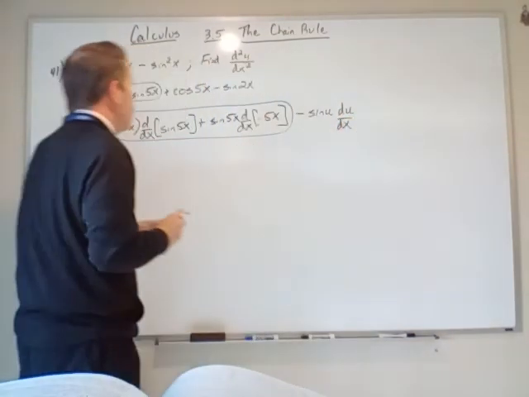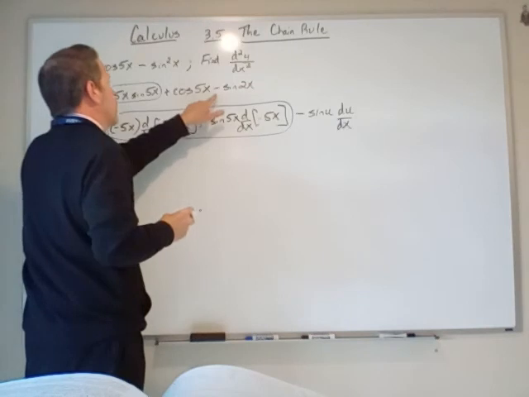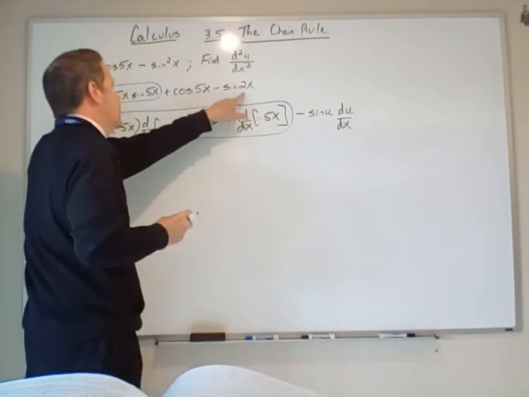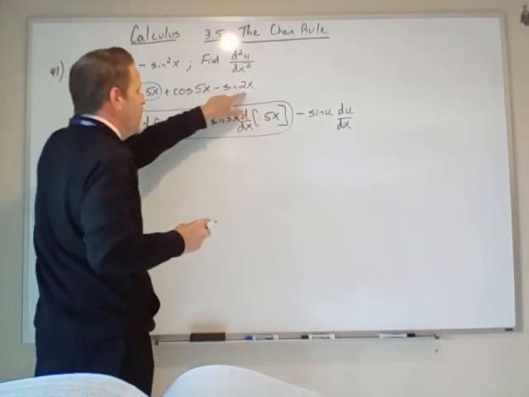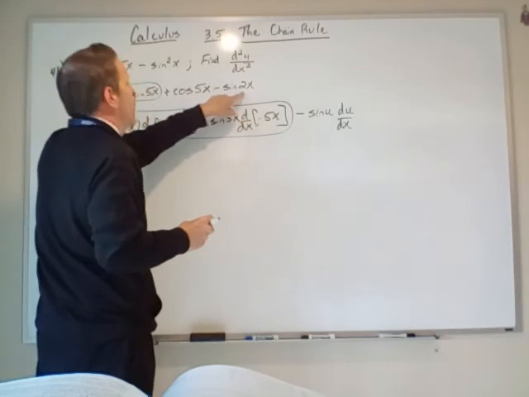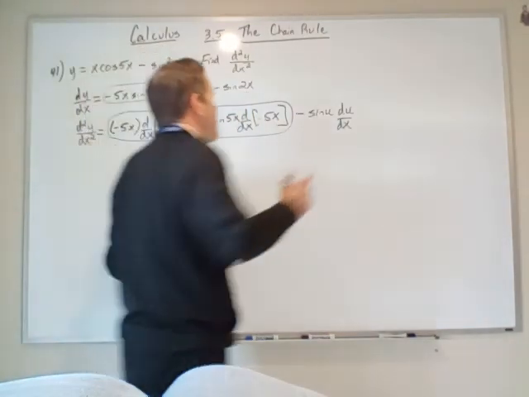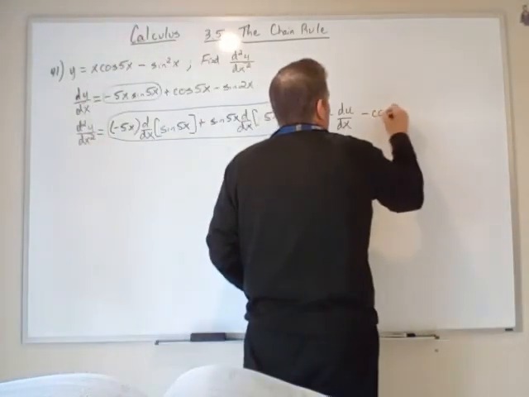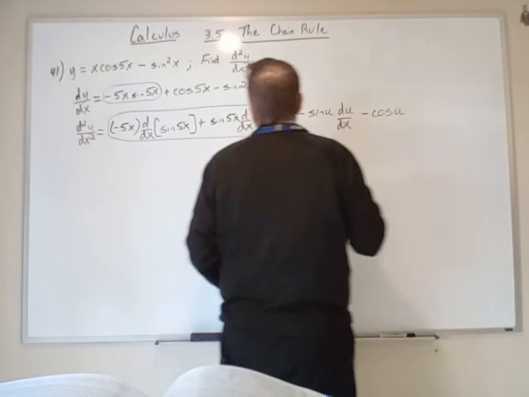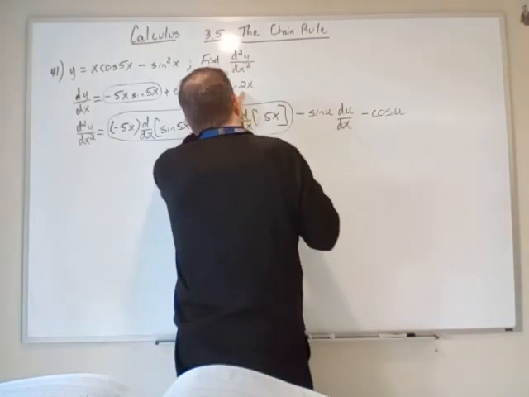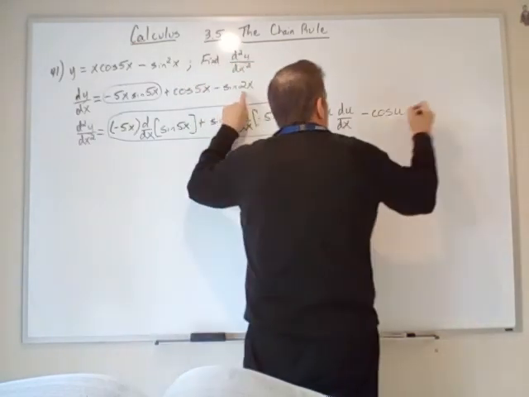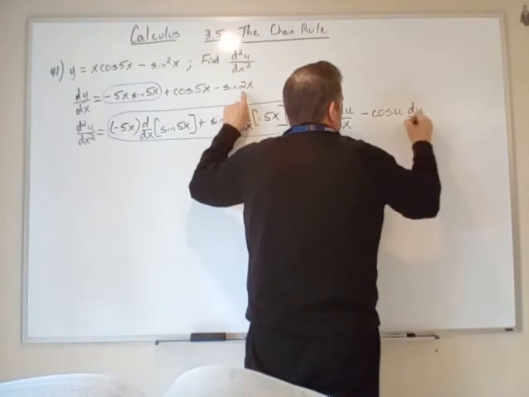Similarly, I'm going to do the same thing with the sine of 2x. I would have u in this case be 2x. The derivative of the sine of u is cosine u, but we need the derivative of the 2x as well. So that's where we would need the du/dx.